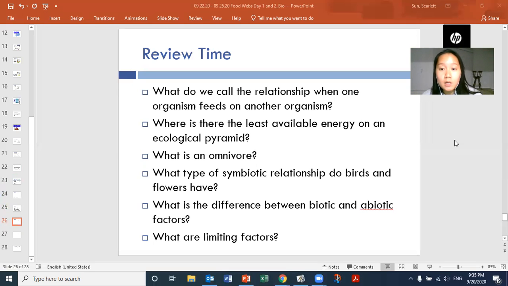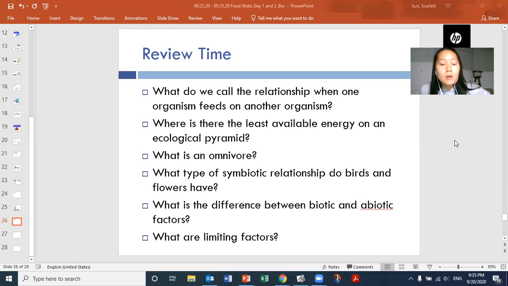What type of symbiotic relationship do birds and flowers have? Think about it. Let's think about a hummingbird, right? The hummingbird drinks the nectar from the flowers, and the flowers' pollen gets onto the hummingbird's body. And so when the hummingbird goes somewhere else, it brings the pollen to another flower. So if they are both benefiting, what is that?